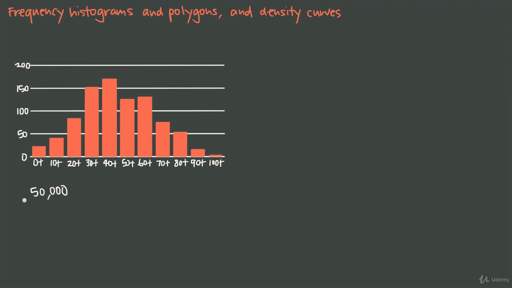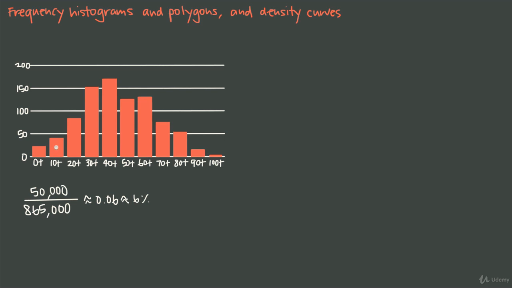So if we divide 50,000 by 865,000, we get approximately 0.06 or 6%. So about 6% of the total population are people ages 80 to 89.